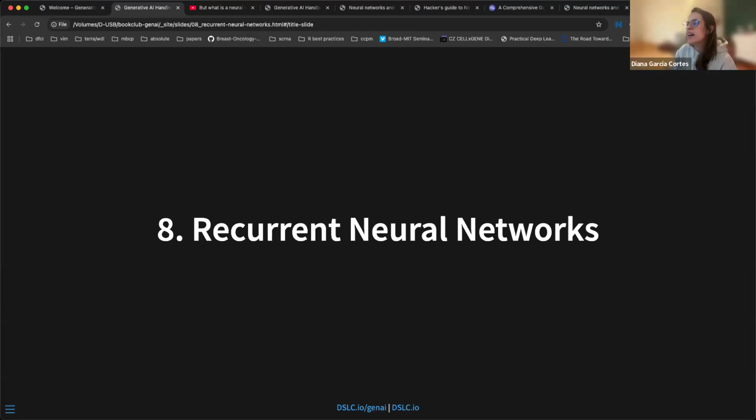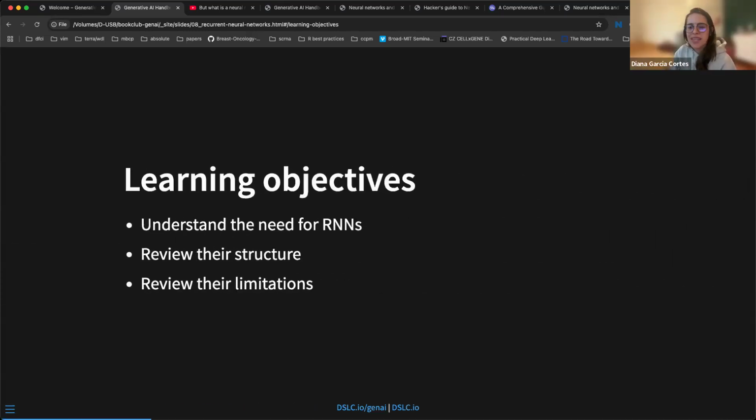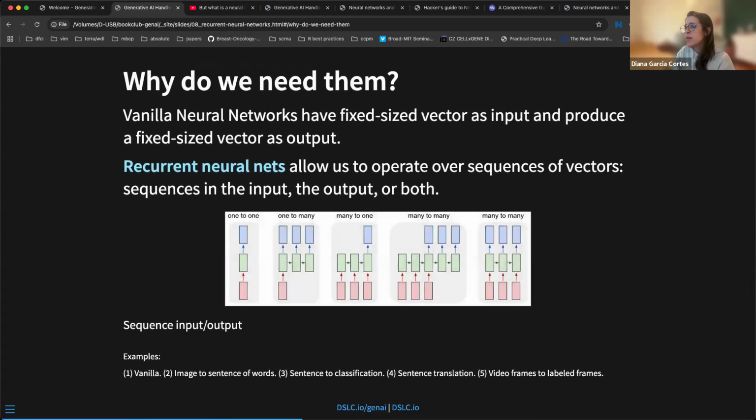Okay. So those were kind of the vanilla neural networks. And one of the caveats of these networks is that they have a fixed number of inputs and a fixed number of outputs.